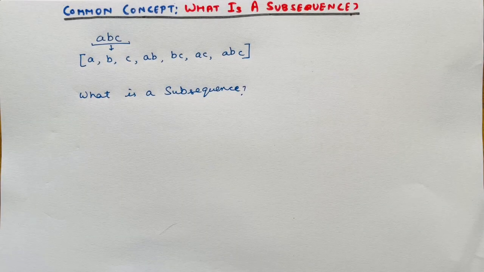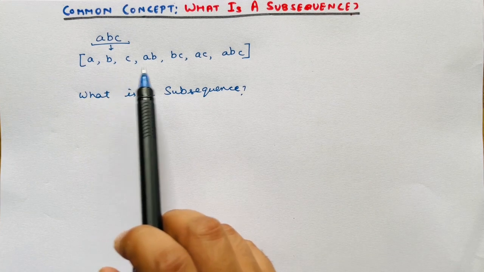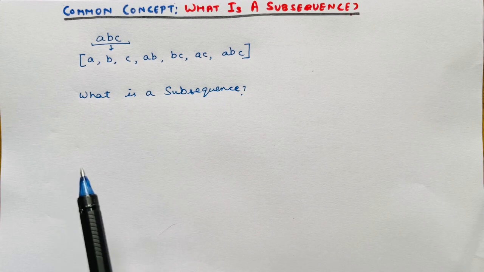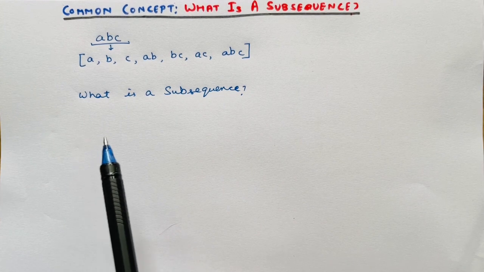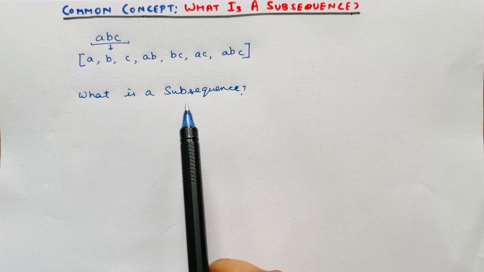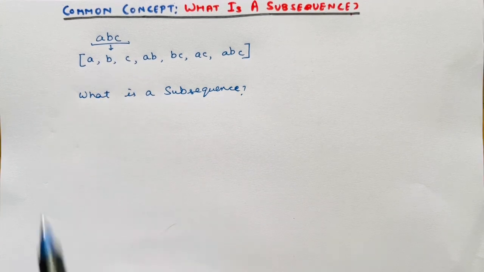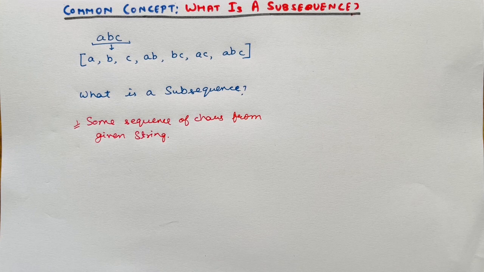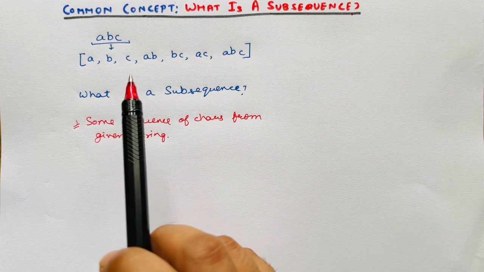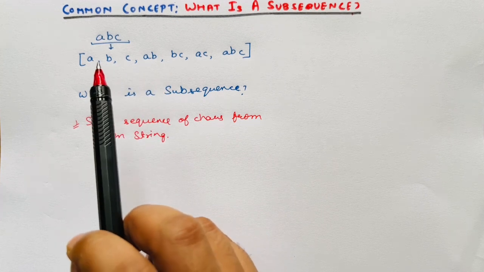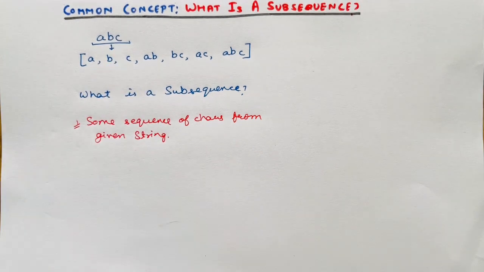Before even attempting the problem, let us first try to understand what is a subsequence. From the example given here, what can we infer? The first thing that we can infer is that a subsequence is basically some sequence of characters from the given string. What else can we infer? We can see that the characters in the subsequence are in the order in which they are present in the same string.